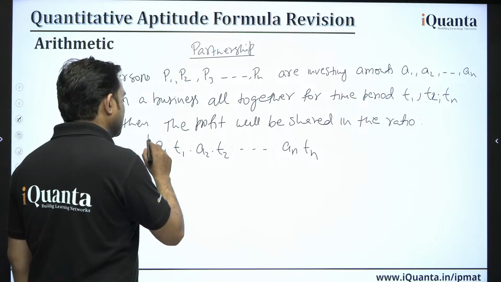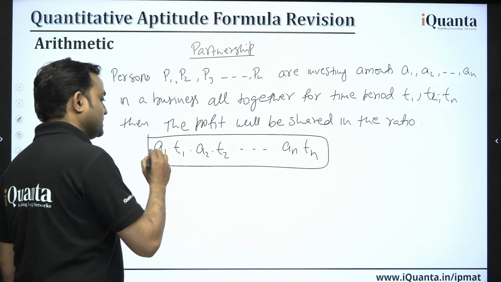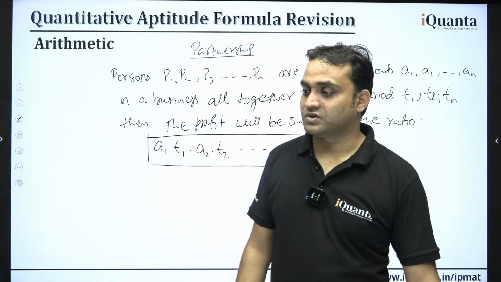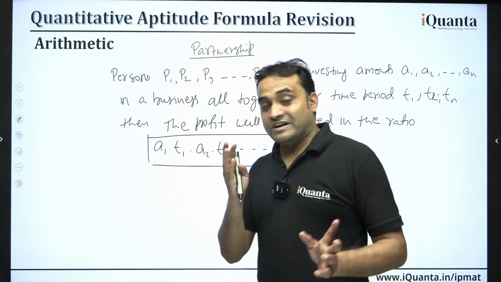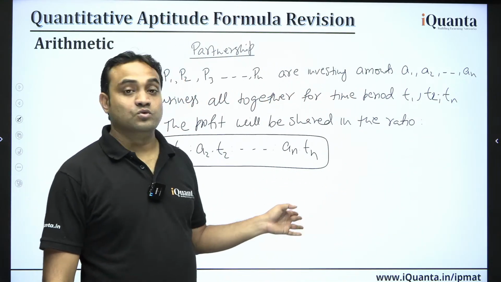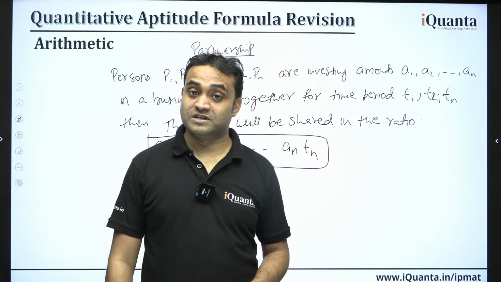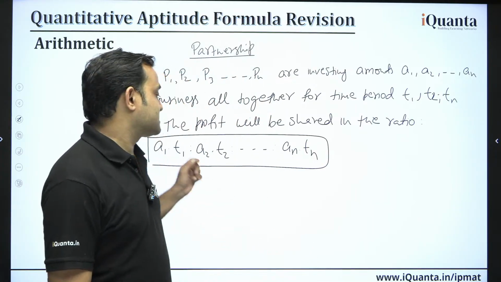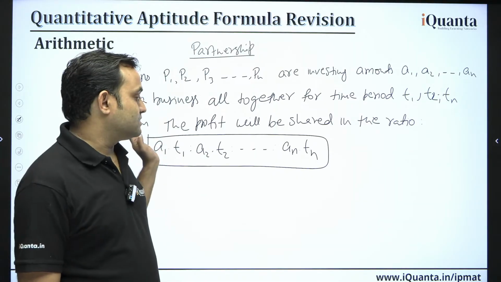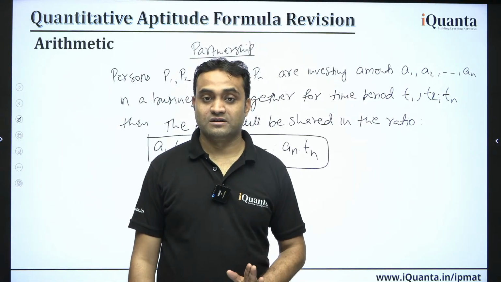Means total investment into total time. The investment made by a person into the time for which his amount was invested in that business. This is the product in which the profit will be shared.